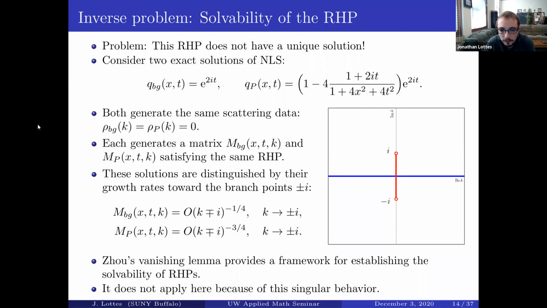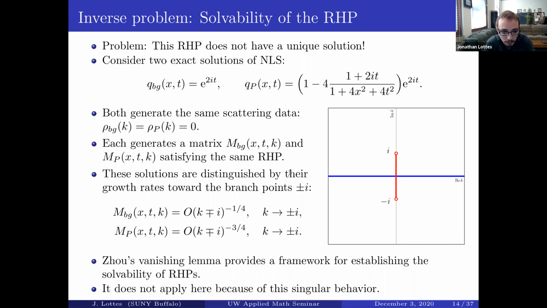It turns out that the way they differ is with their behavior toward the branch points. As I mentioned, for these two potentials, the continuous spectrum is just the crosses, the real axis plus the segment from negative i to i. And at the branch points i and negative i, the background solution blows up with a 1/4 power singularity, and the Peregrine solution blows up with a 3/4 power singularity.